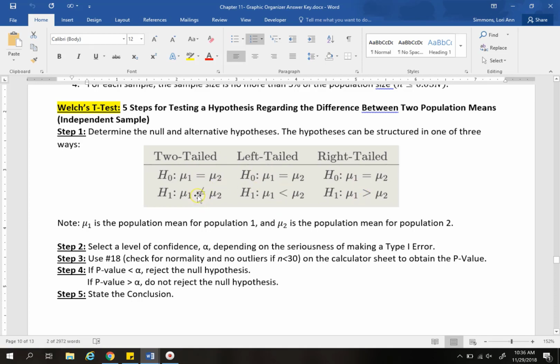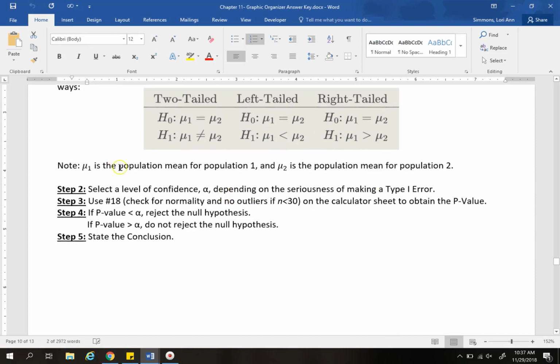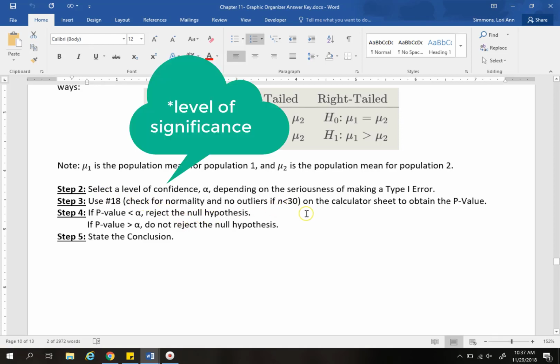The only thing that's really going to be changing in any of these hypotheses is this symbol for your alternative hypothesis. Note that mu sub 1 is the population mean for population 1, mu sub 2 is the population mean for population 2.